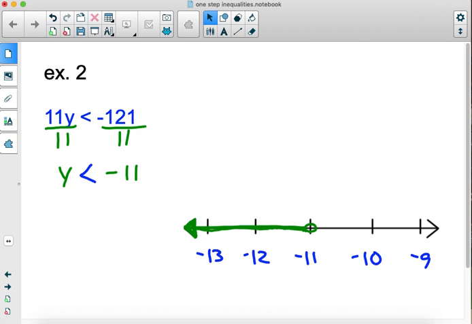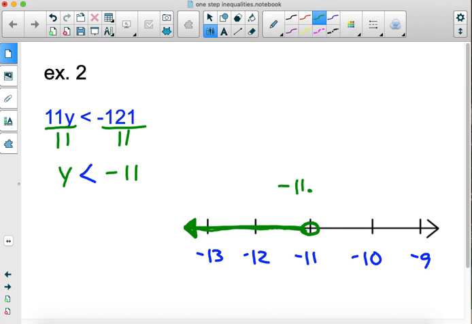Anna had a good question. She goes, Miss Garcia, why do we put it on negative 11 if it can't equal negative 11, right? But here's the question. Could it equal negative 11.1? Is negative 11.1 true? Yes, it is. Watch.